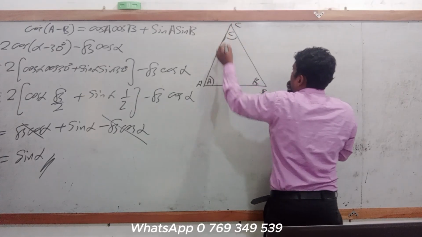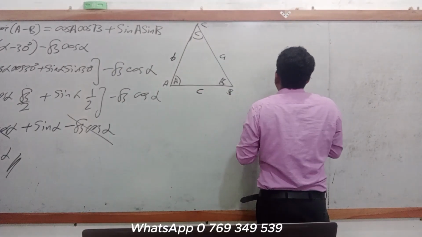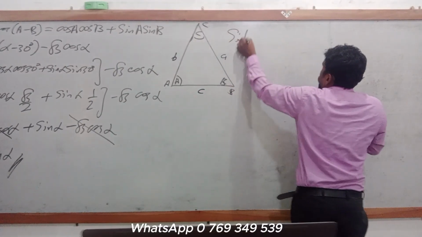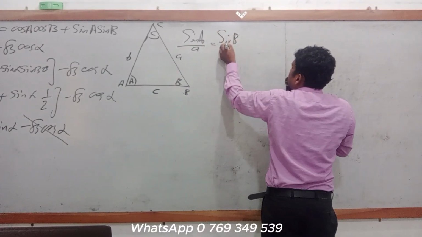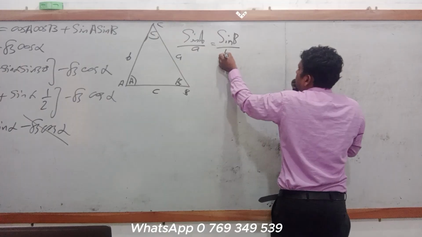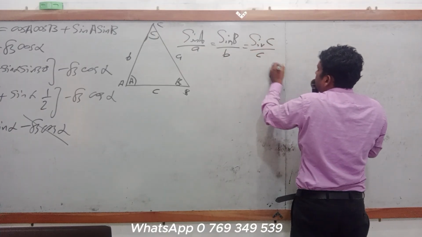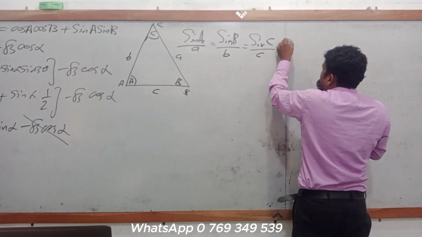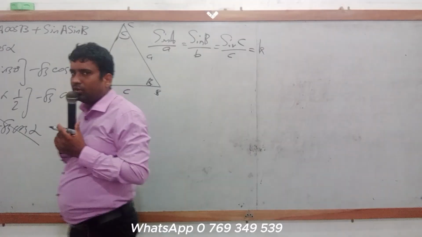One triangle is enough. You can say that sin A divided by a equals sin B divided by b equals sin C divided by c. That is a constant. This is the sine rule.